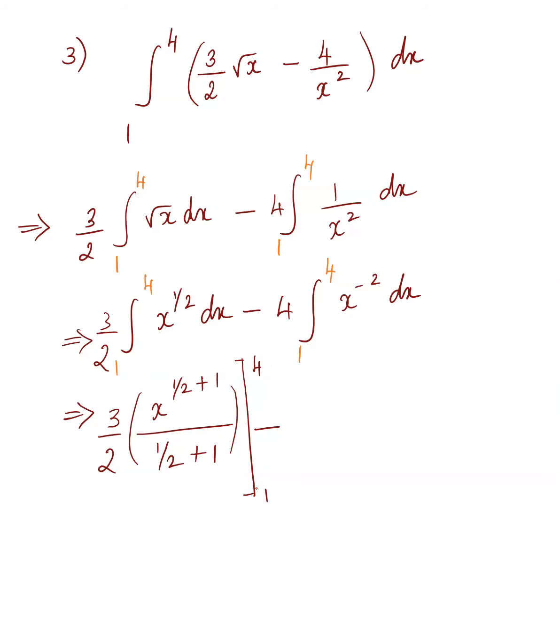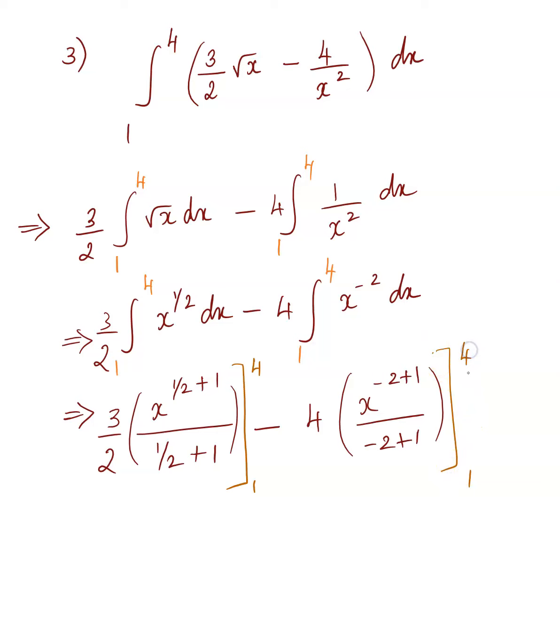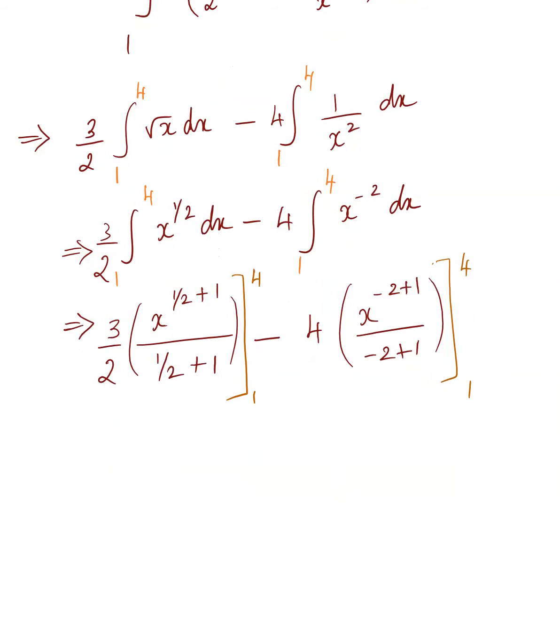Just for our convenience, I'm going to give this in a different color so it's easy for you not to get mixed up. And then this is minus 4 times x power negative 2 plus 1 over negative 2 plus 1. Once again, there is no plus c here, and so we can evaluate from 1 to 4. I know it's a little messy, but just work patiently through it.